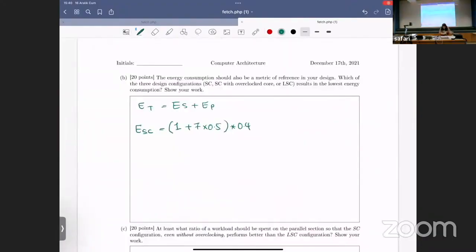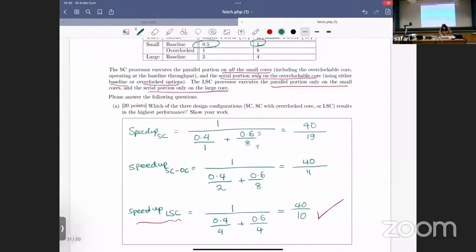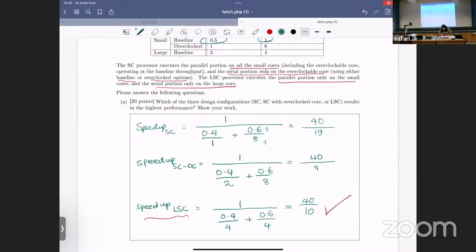I do this one in more detail so the others are clearer. When we do the parallel part, all the cores are active, so all 8 of them are going to use 1. And how much time was spent on this part? It was 3 multiplied by 40, divided by 40, basically this number.